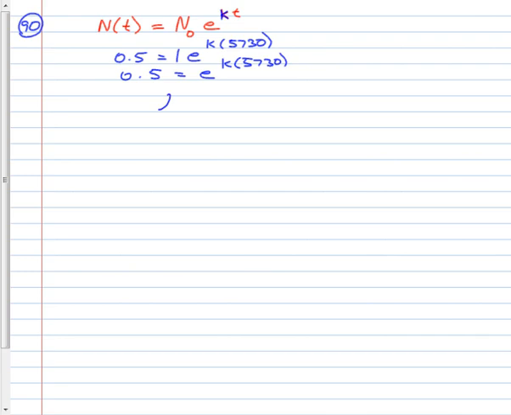I'm going to change it to logarithm form, so log base e of 0.5 will equal that exponent. Then we can divide by our 5,730, and that will give us the constant value that works here with carbon-14. So let's do that here.